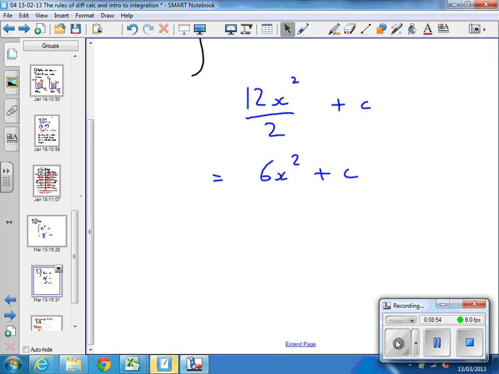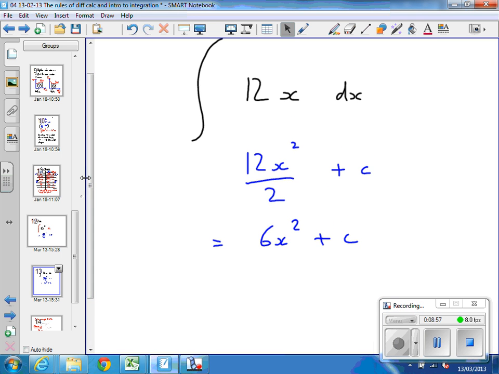So in this example, add 1 to the power. So that's a 1, becomes 2. Divide by 2 plus c. 12 divided by 2 is 6. What is on this side? That's the question. The notation around that, because it's okay for differentiating, because it's f becomes f prime.